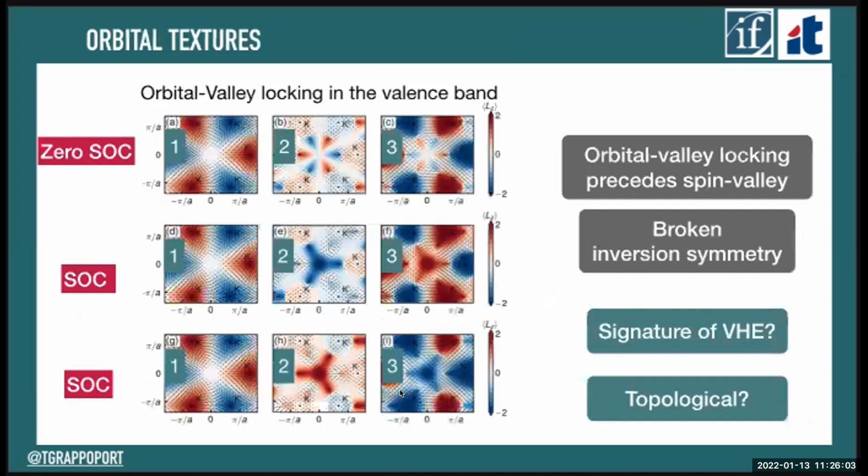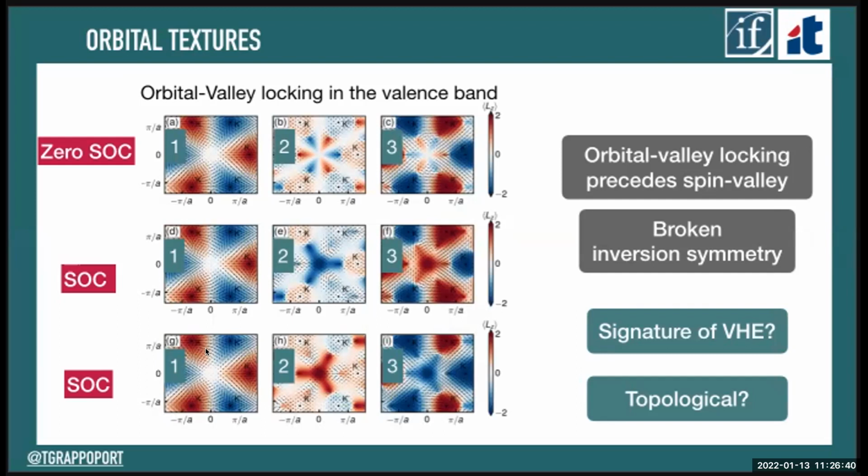We can look at the orbital textures. Let's focus on the color. So L_z is positive for red, and is negative for blue. Here 1, 2, 3 are the three bands of the three orbitals model. On top is the system without spin-orbit coupling, and on the bottom we have the system with spin-orbit coupling for the two spin configurations. But let's focus on the valence band.